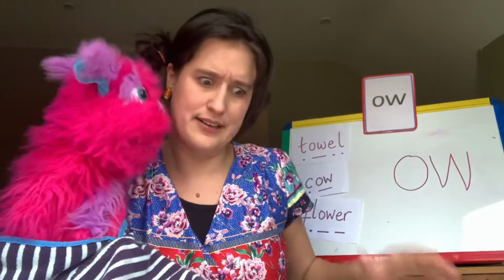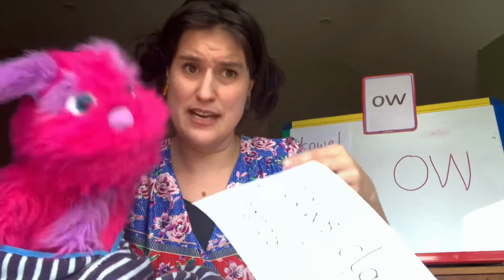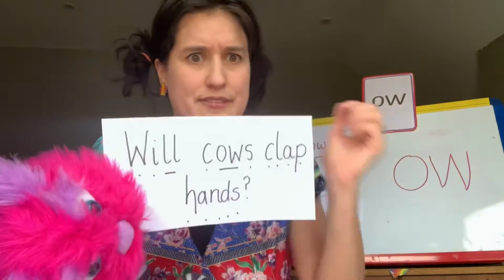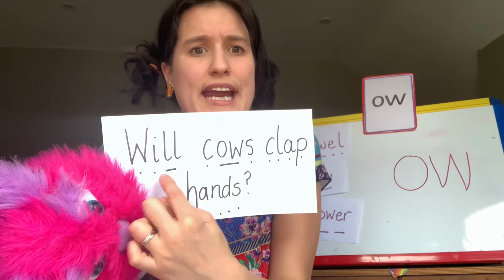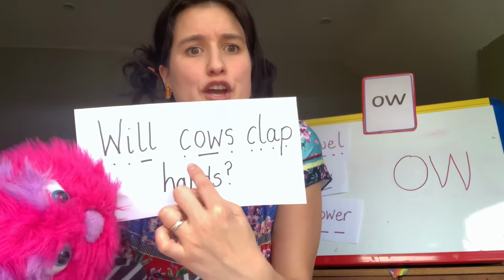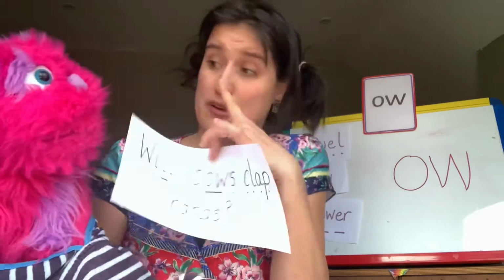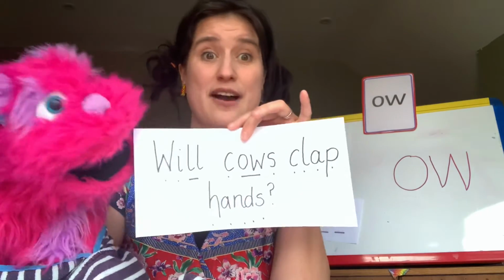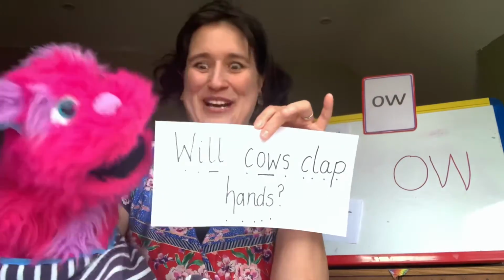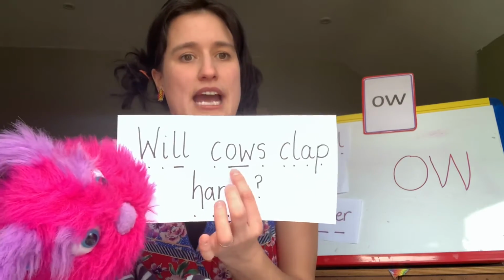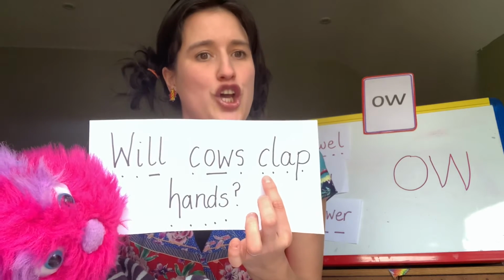Right, okay. Are we ready? Go on then, Alfie, you hold it for me. I'm not sure what Alfie's written this time. Will. Cows. I've got my finger on my nose. Have you got your finger on your nose? I have found the sound of the day. The ow is in the word cow. So cows, there's a word here.